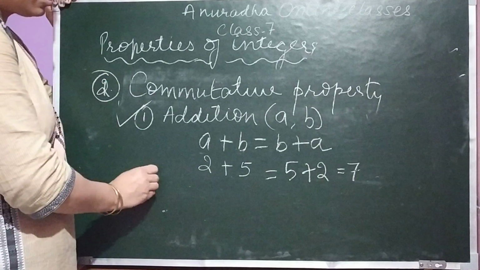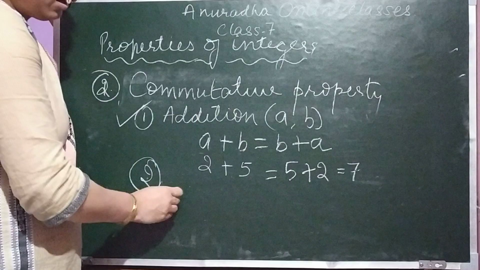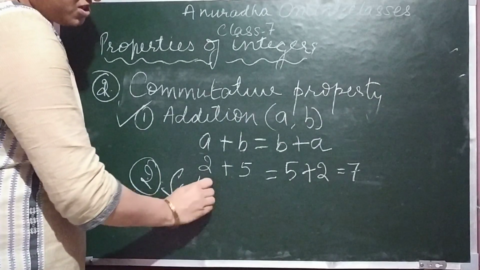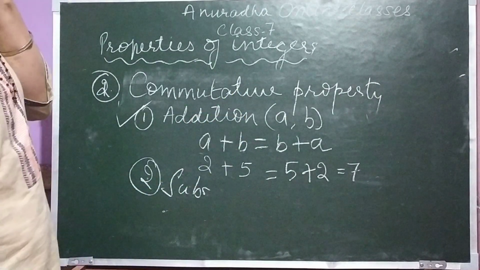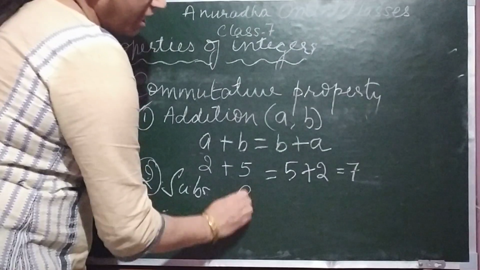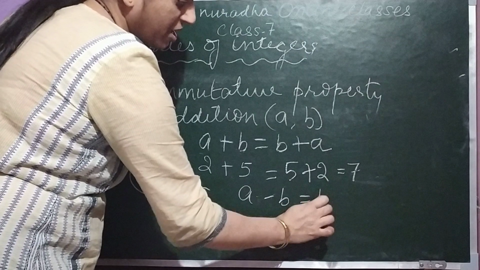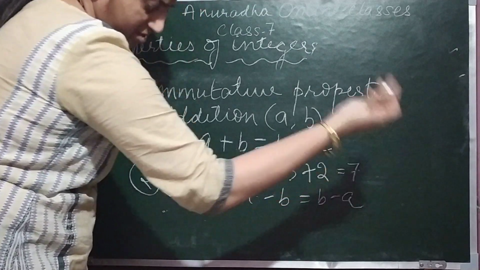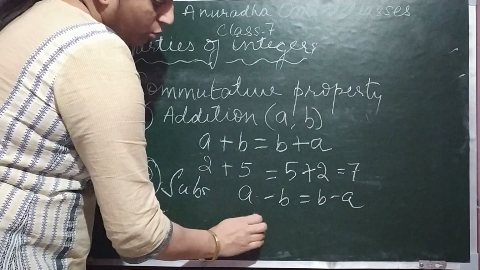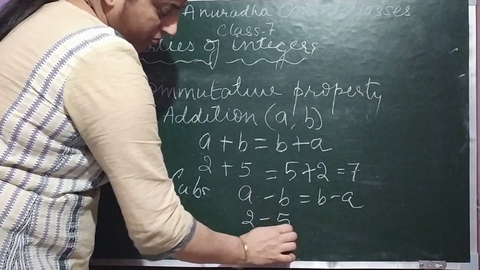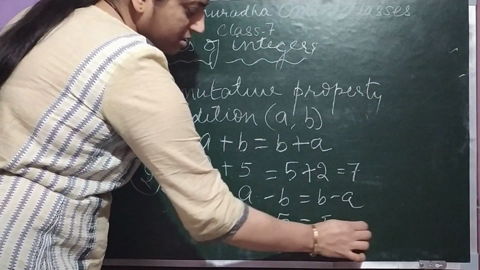Now next is subtraction. In subtraction also, in the same way, we take a minus b, that must be equal to b minus a. Let us take the example. 2 minus 5 is equal to 5 minus 2.